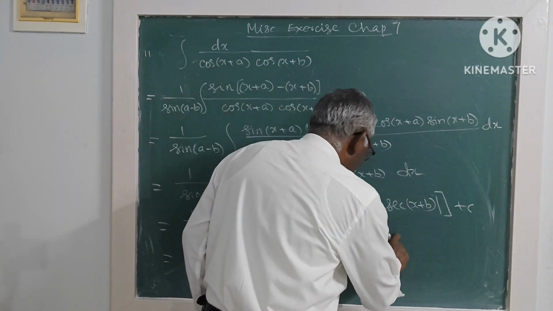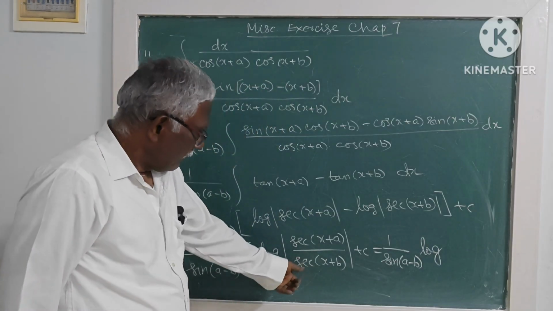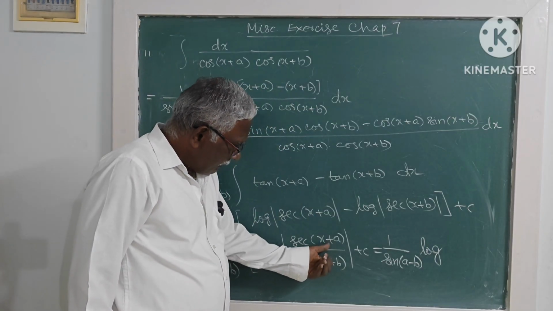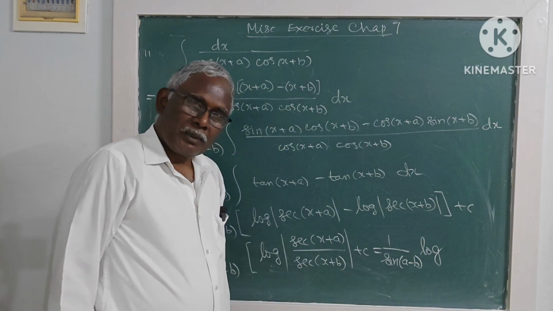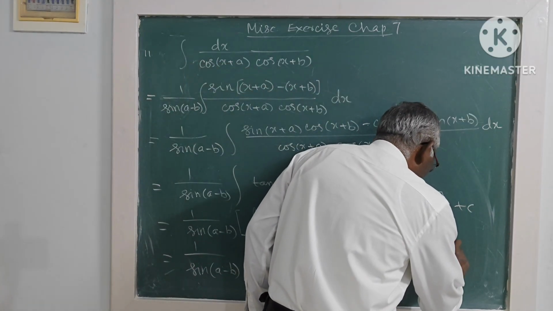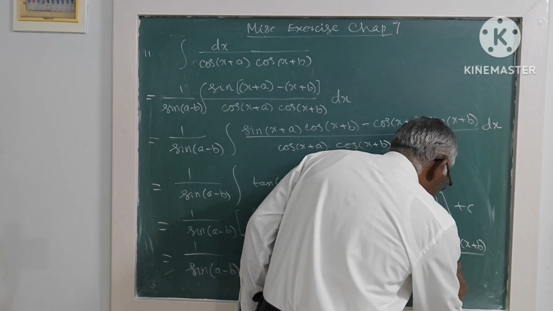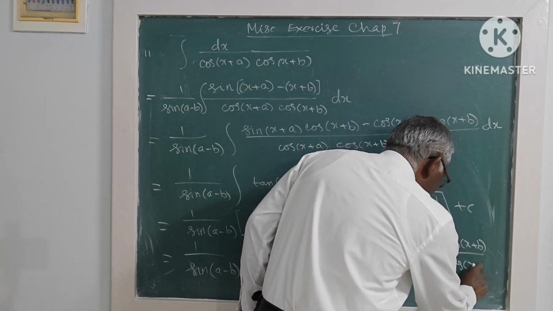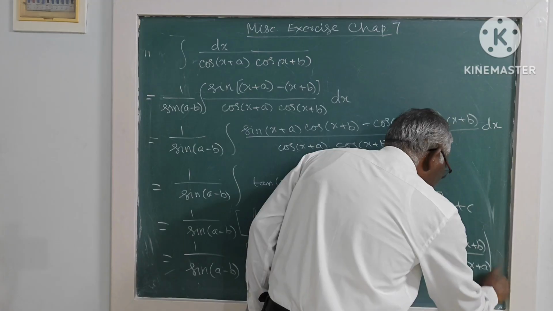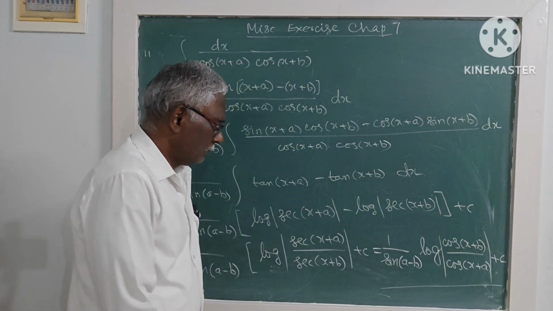So secant of x plus a will go down as cos of x plus a. So this will be log of cos of x plus b by cos of x plus a, plus constant. So this is the answer.